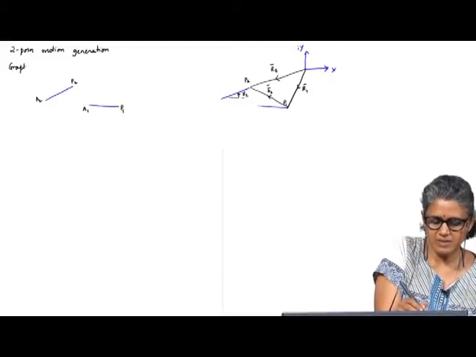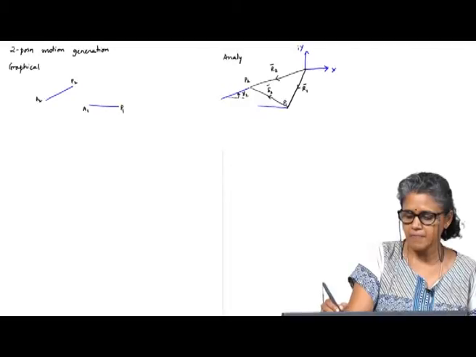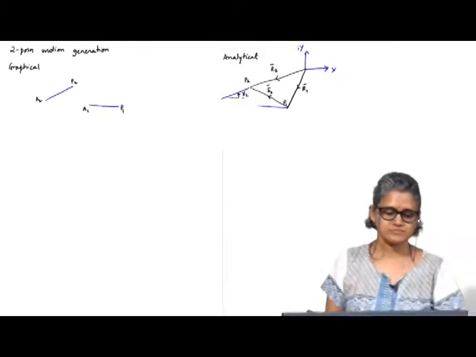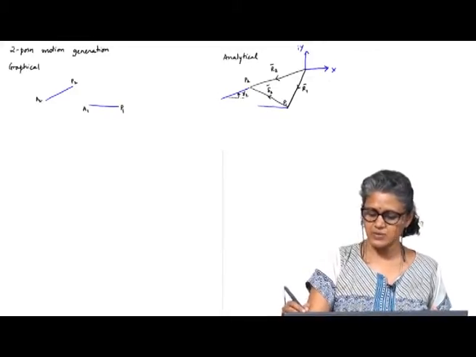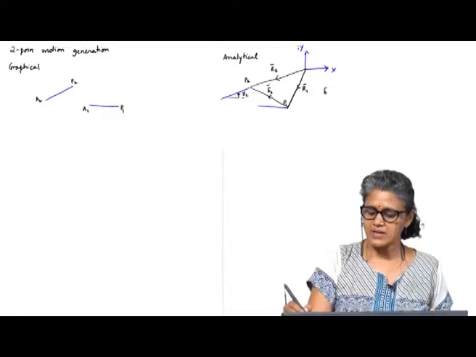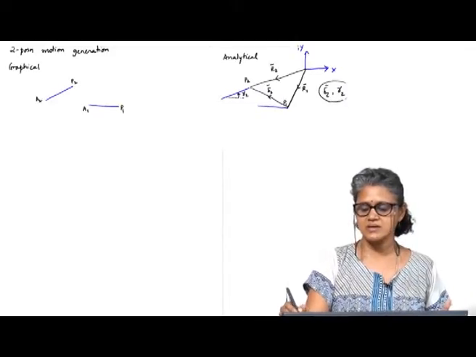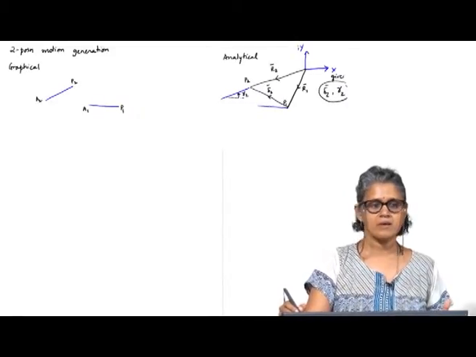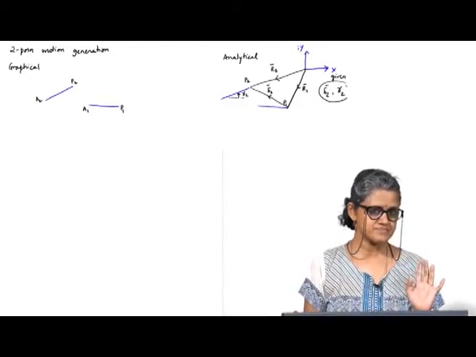This is graphical, this is analytical. So, in this case I would be given delta 2 and R2, or R1, R2 and gamma 2. In the graphical case I would be given these 2 locations as is.